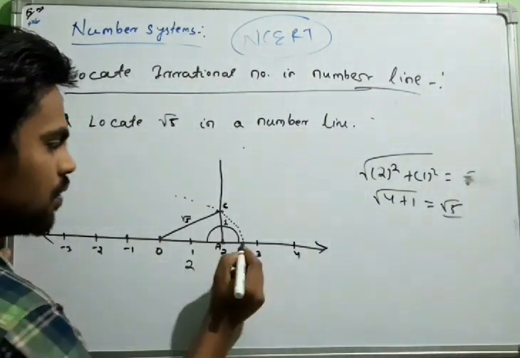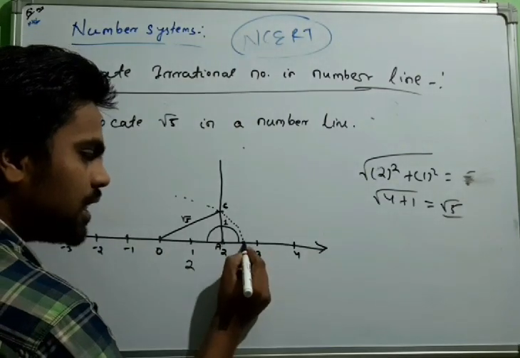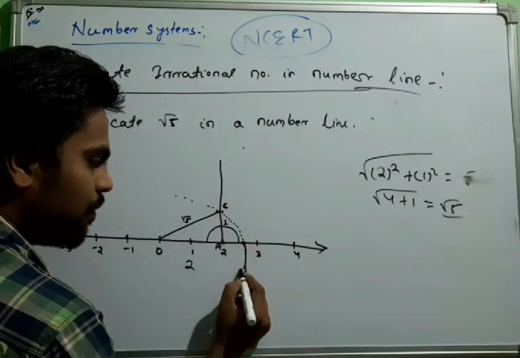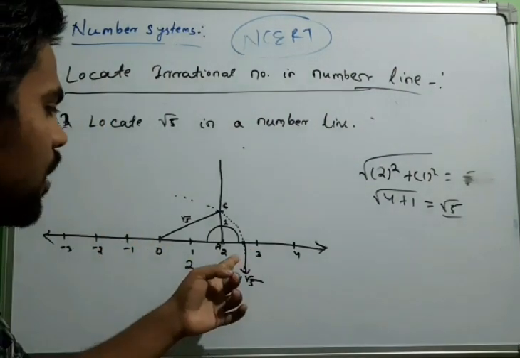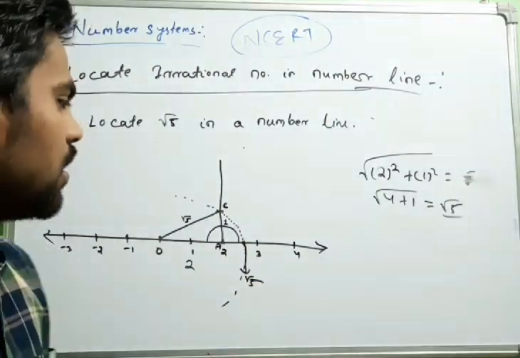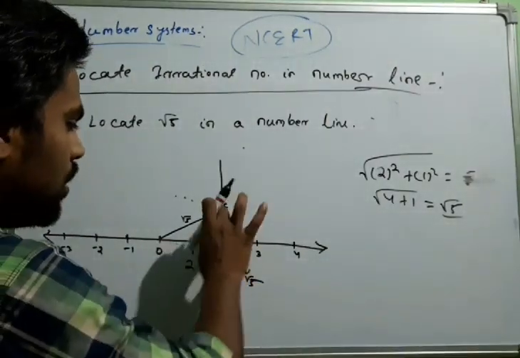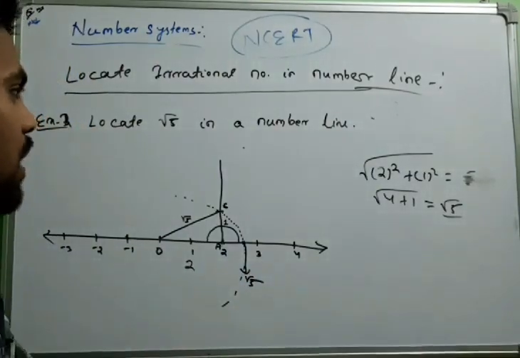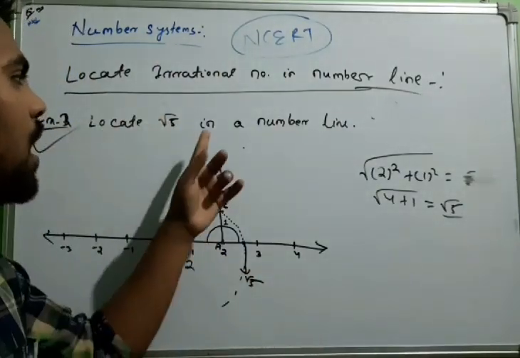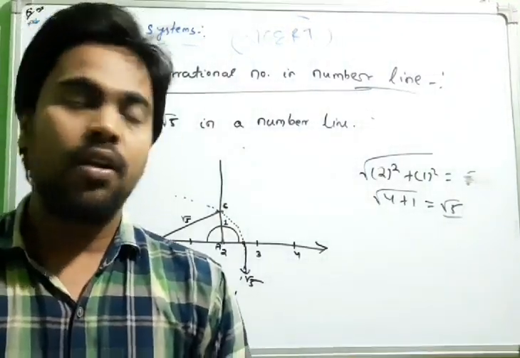Clear or not? The point which intersects the x-axis is known as root 5. I located root 5 on the number line. This is 2 units, this is 1 unit. Very, very important. In your exam, they repeatedly ask to locate root 5 or root 2 or root 3 on the number line.